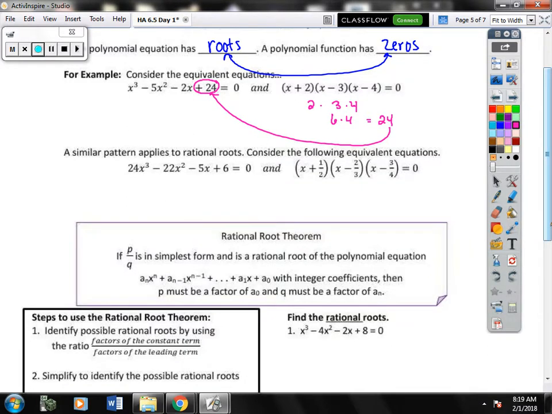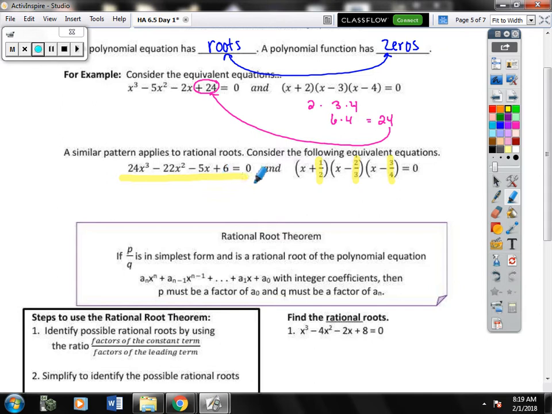It could be split up into numerators and denominators. Looking at relationships between the numbers that we're given, because in this one we notice that the 2, 3, and 4 multiplied to get me the last term. This time we have fractions. Does anyone see an observation amongst these terms and any of the numbers that we see over here?